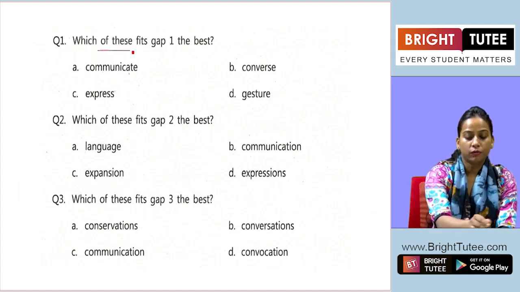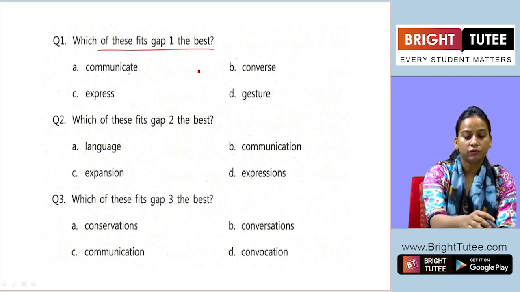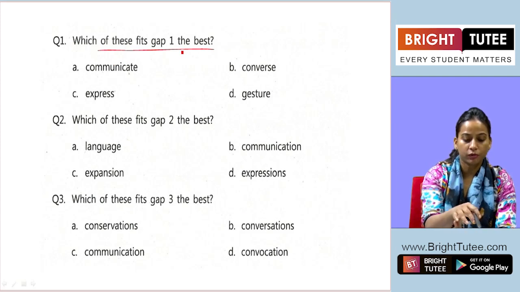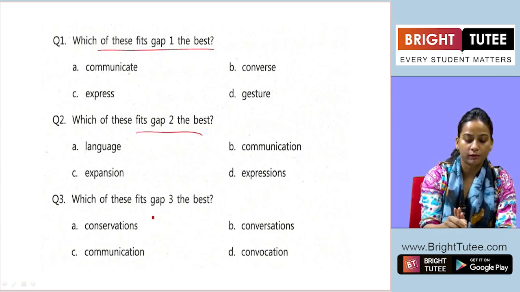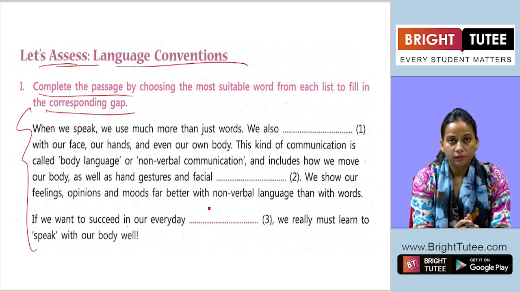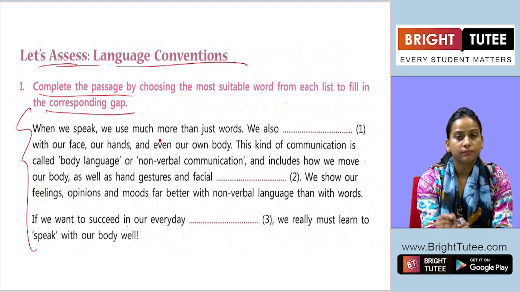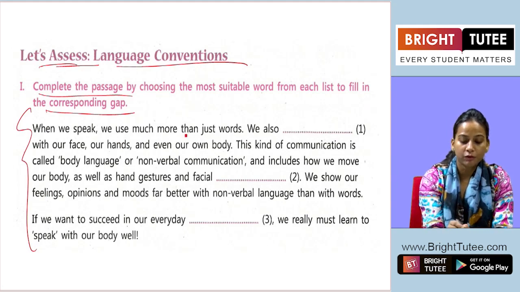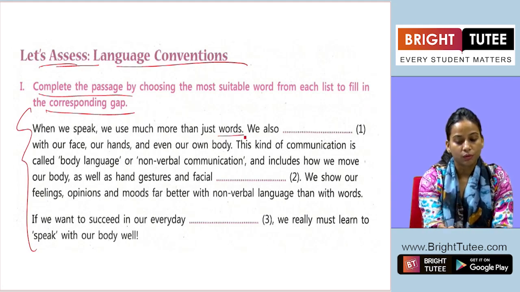Move to the questions. Here we have to see which of these fits gap 1 best. In the questions they have asked for gap 2 and gap 3. Now we have to read the given paragraph. When we speak, we use much more than just words.